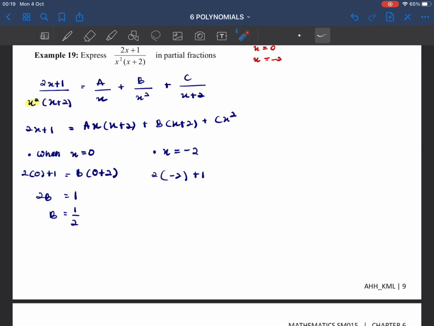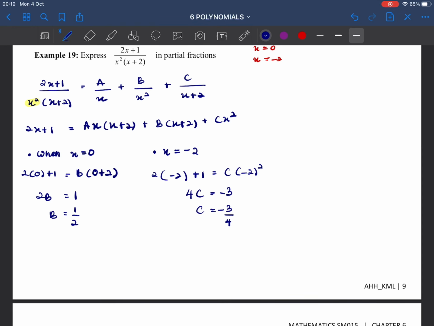Okay, 2 times negative 2 plus 1. So this will be 0. And this will be 0 as well. So just substitute. For the last one, we have c times negative 2 squared. So we have 4c equals to negative 4 plus 1, we have negative 3. And we have c is equals to negative 3 over 4.